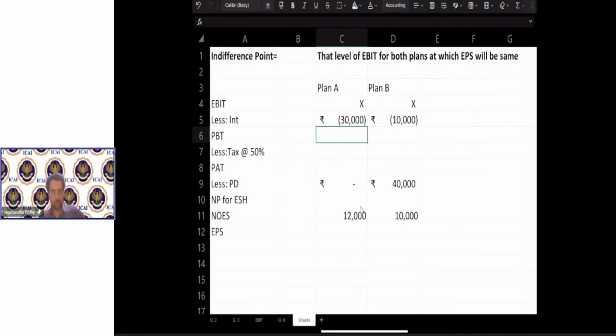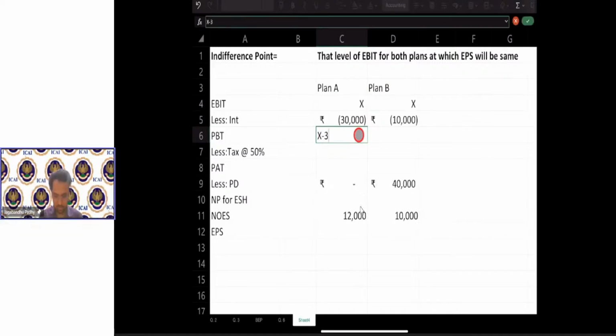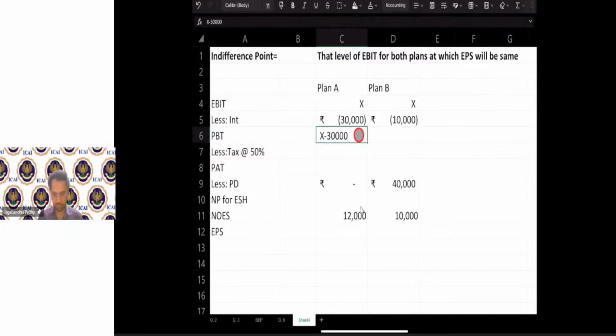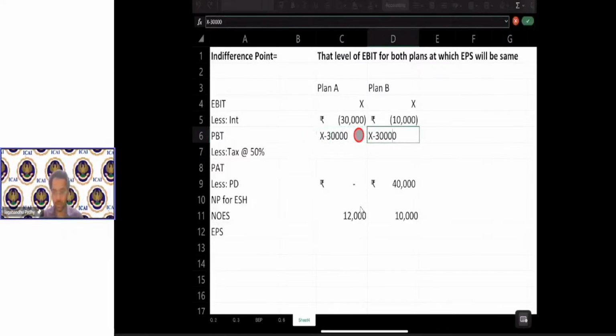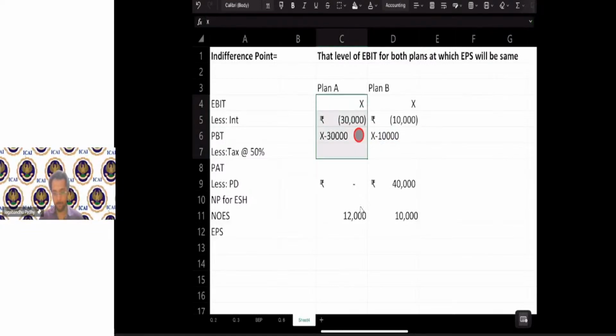If my EBIT is X, can you tell me what the profit before tax will be? Because from EBIT, I need to reduce the interest. So profit before tax is going to be X minus 30,000, or in the second case, X minus 10,000.